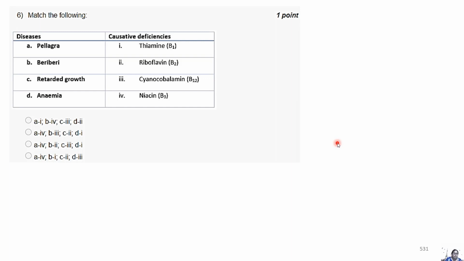Match the following. So we have a number of diseases in one of the columns and a number of deficiencies in the other column. You have to match the diseases with the deficiency of the vitamins.